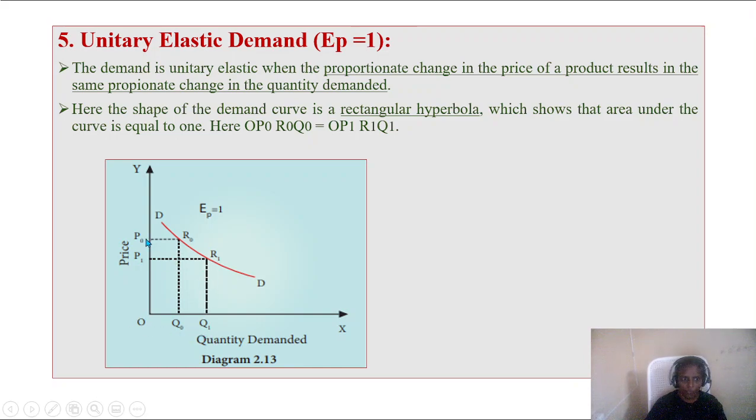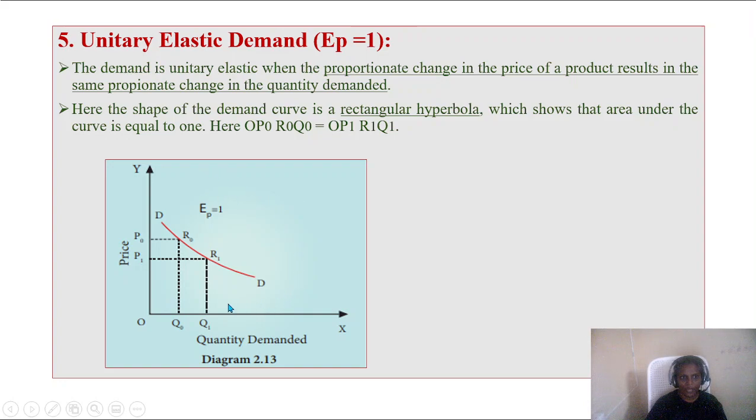Now when you join both the price and quantity points, you will get two points, R0 and R1. When you join R0 and R1, you will get a demand curve DD, the red color curve. This will be a rectangular hyperbola curve, because the proportionate change in the price leads to a proportionate change in the quantity demanded, which we call unitary. Symbolically we write it as Ep is equal to 1.